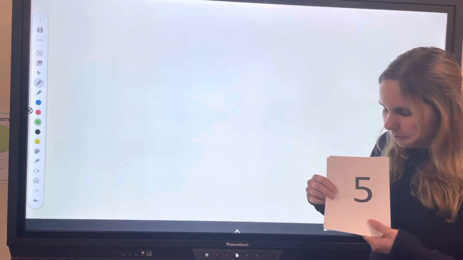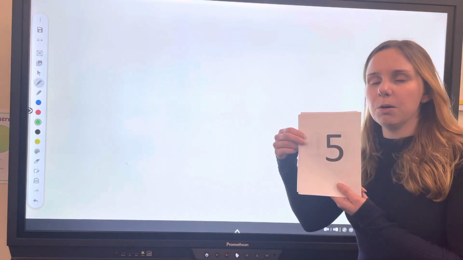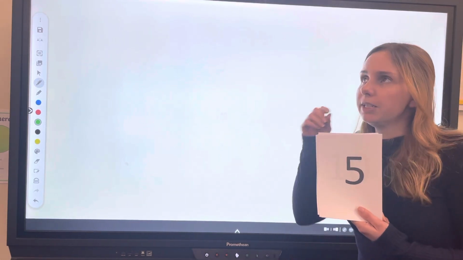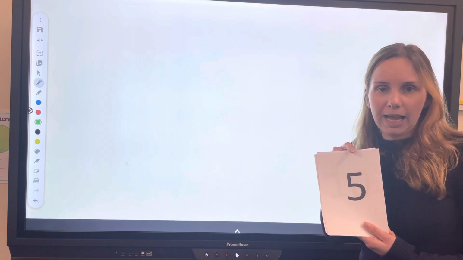Okay, so to warm us up, we've got some numbers here. We're going to count in fives. We cannot practice enough the counting in steps of 5.